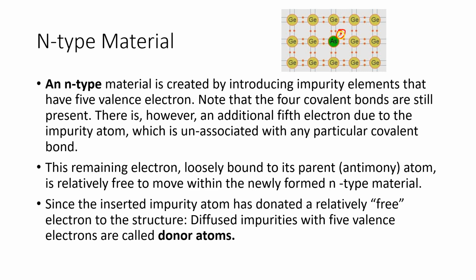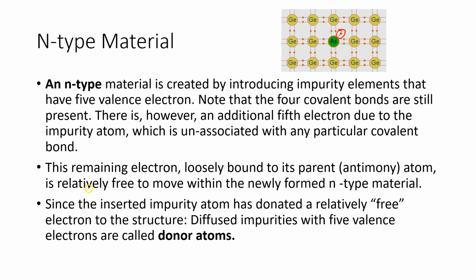Now, you see this extra electron? This is what is going to cause electricity to flow in an N-type material. What this does is that it allows an excess of electrons to be in an N-type material. You understand? That is essentially what is taking place when you have an N-type material.